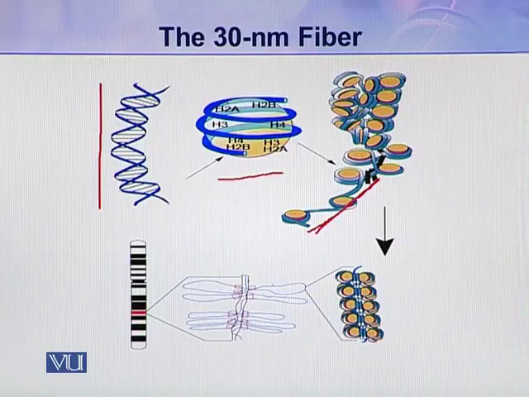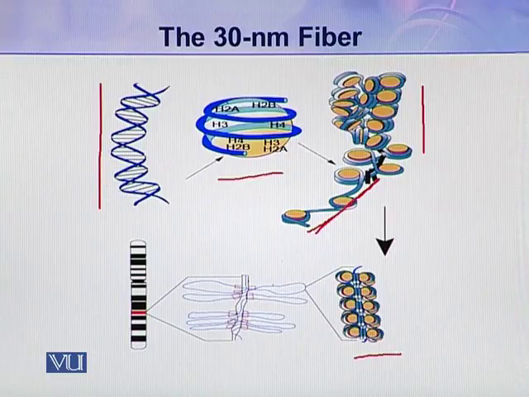And the further level of organization is achieved when this 10 nanometer fiber makes a 30 nanometer fiber. And you know, this is achieved either by the zigzag model or by the solenoid model. So this is a 30 nanometer fiber.